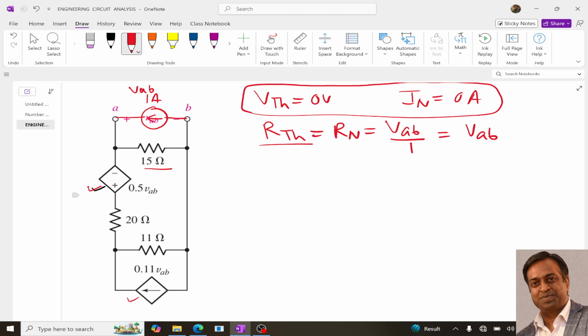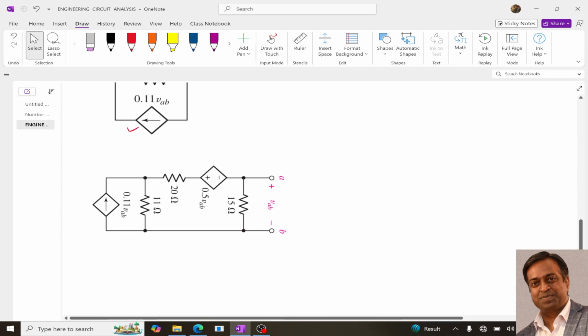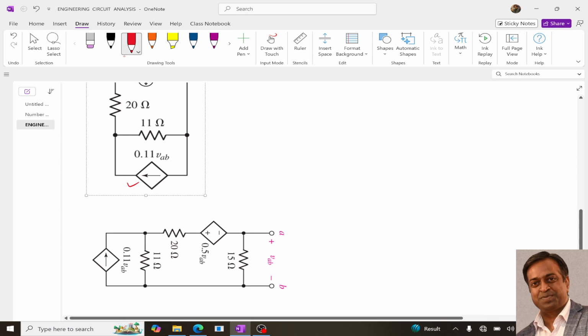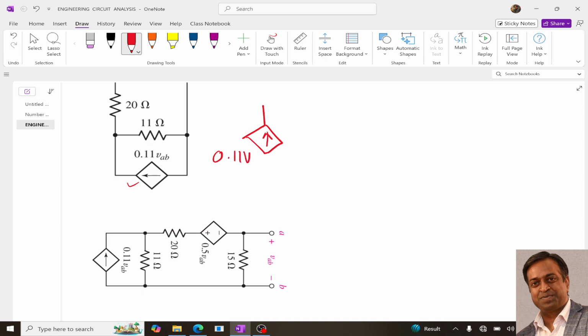So to solve this, let me redraw this circuit. We have this, it is 0.11 VAB, right? Then we have a resistor, it is 11 ohm. Then we have a resistor which is 20 ohm.